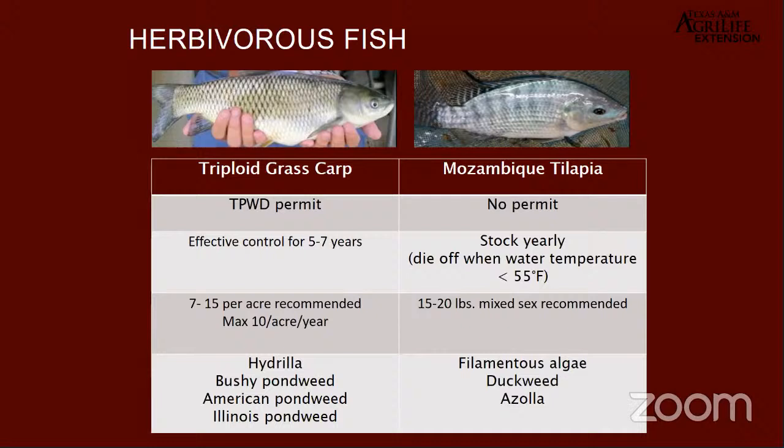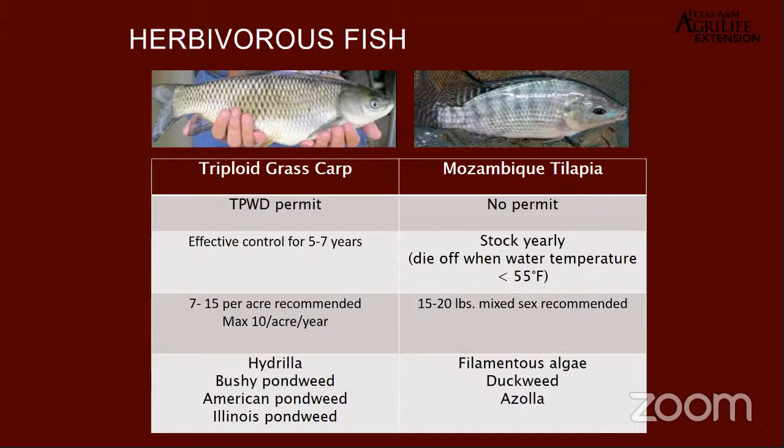You're going to want to stock them once the water temperature is stabilized over 65 degrees Fahrenheit, just so, again, it doesn't dip below and you have a die off as soon as you put them in. They are effective at controlling duckweed and azolla, and they will consume some filamentous algae, but they're not necessarily a complete control option for filamentous algae.